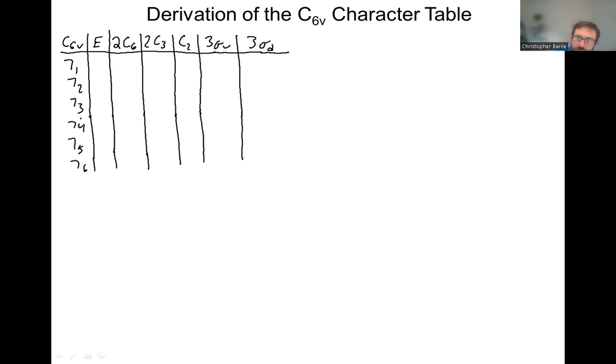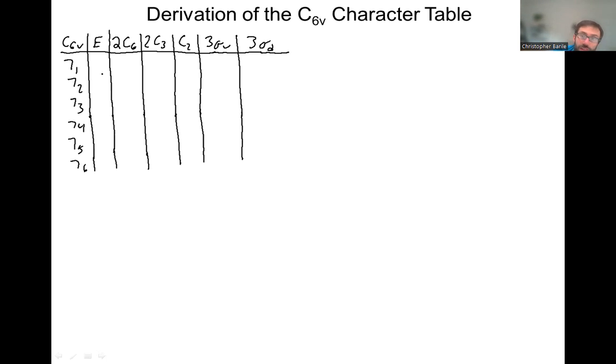Later on, we're going to use Mulliken symbols to name these vectors, these irreducible representations. But at this point, we don't know what the vectors are because we're deriving the character table. And so all we have to do at this point is keep them as something generic. So we just use this gamma nomenclature.